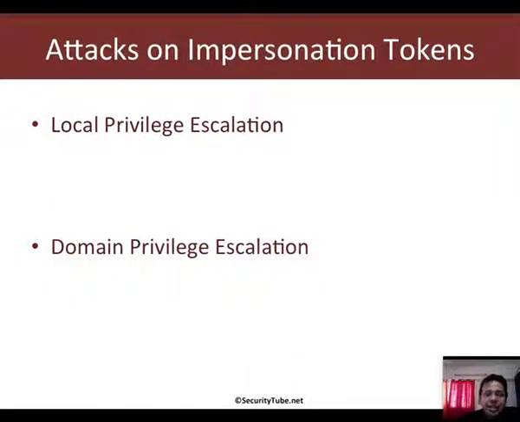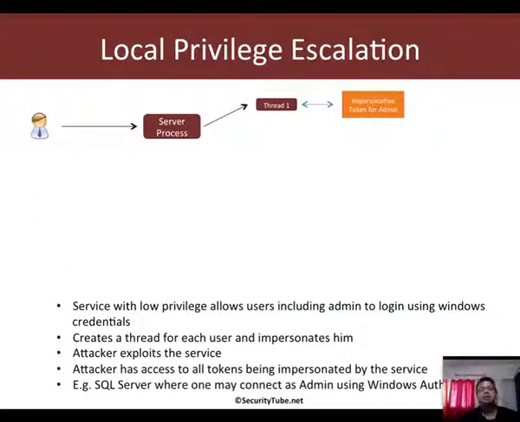Okay, so now, what are the attacks possible on impersonation tokens? We can have both local as well as domain privilege level escalation attacks. This is how a local privilege escalation would work. Let's assume there is a server process which is running and which has created a thread to process the admin user, right?